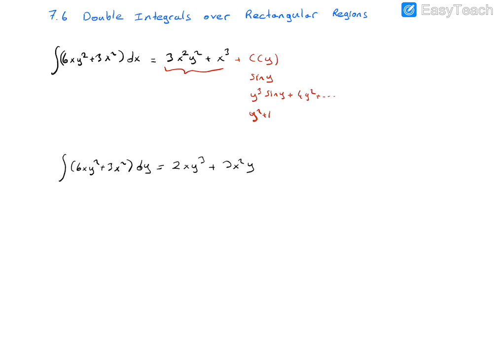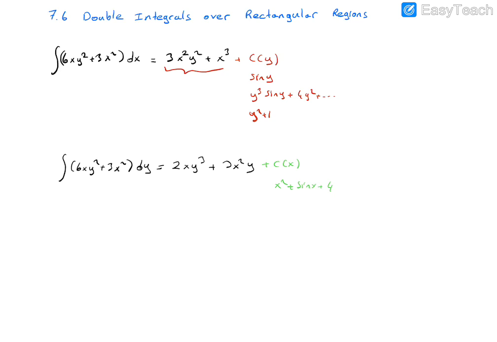Here the constant term can be a function of x, so we can add the constant term c of x. For example, 2xy cubed plus 3x squared y plus x squared plus sine x plus 4 is one of the answers.